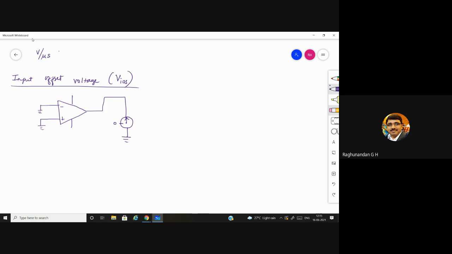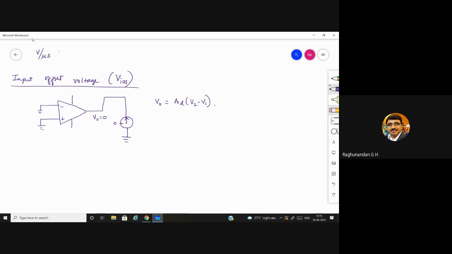Since both the inputs are grounded, obviously the output should be 0. According to the formula, V naught is equal to AD into V2 minus V1, it should be 0. But in the voltmeter, you can observe that it is not showing 0, it is showing some voltage.